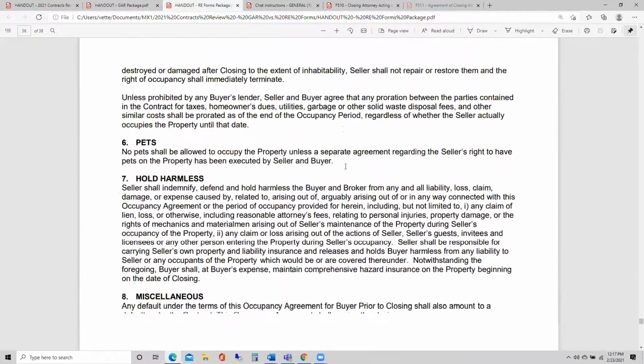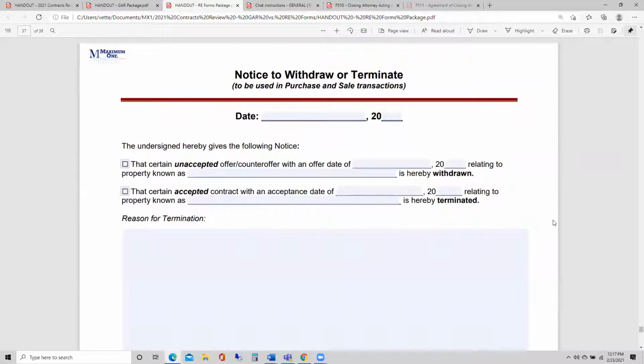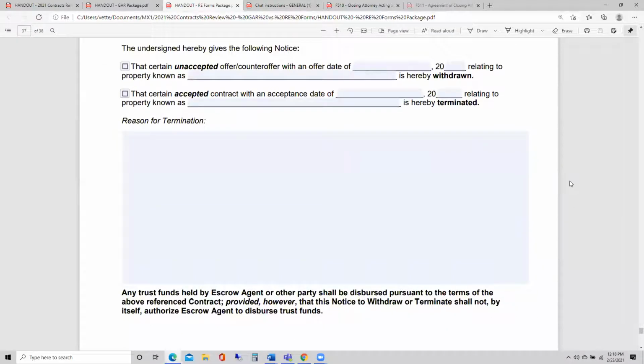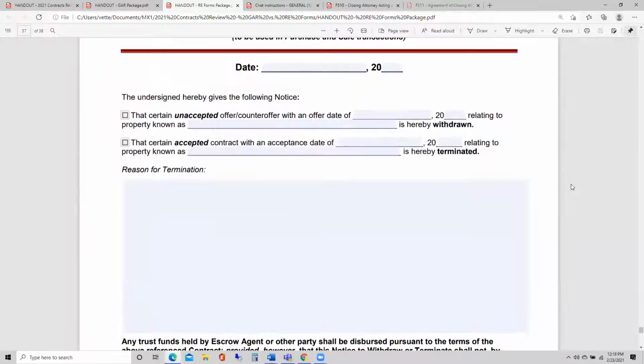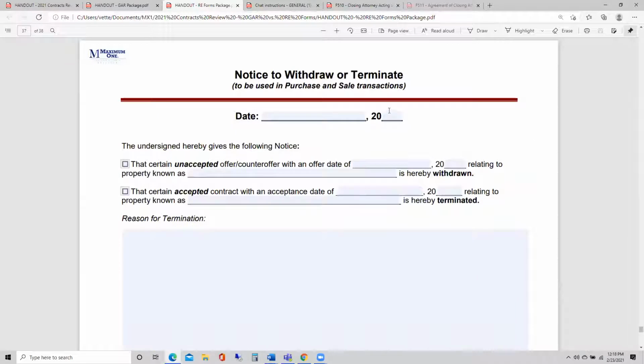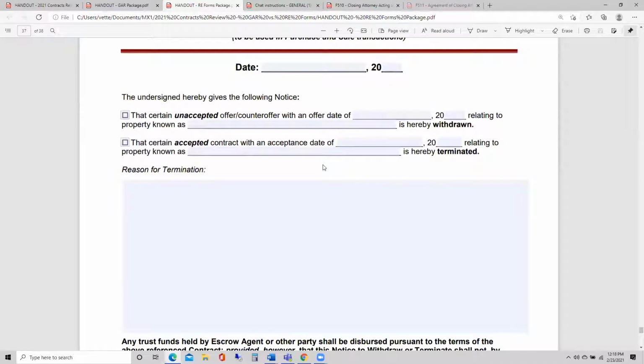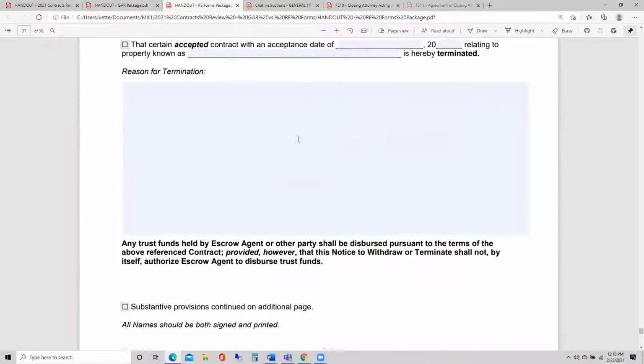In the RE Forms contract package, these two separate contractual issues are handled on two separate forms because they're two separate issues. So in the RE Forms contract package, you have the notice to withdraw or terminate, and you would mark that accepted contract with the acceptance date. And again, that's the word they use for binding agreement date.